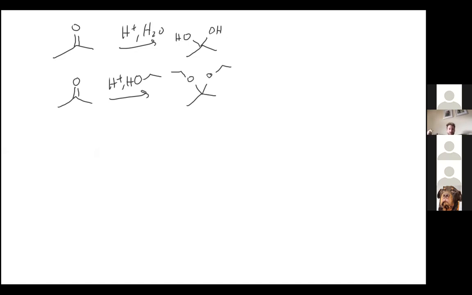The next thing we're going to do is using an acetal as a protecting group, although I don't know how much protecting group theory we're going to get into today. If I take a diol here, instead of having two equivalents of alcohol, I'm going to be able to do both of these reactions with the same molecule.